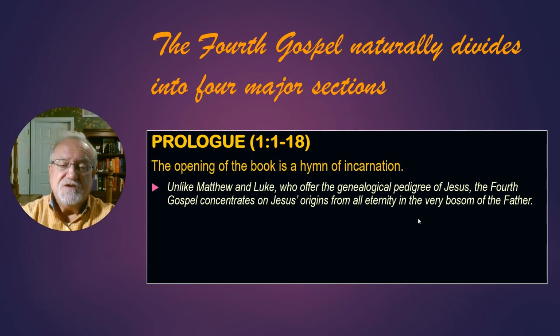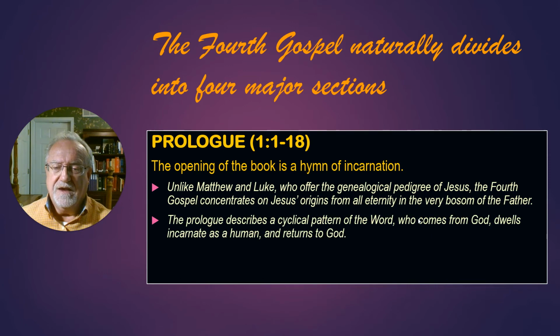But what he does do is concentrate on the origins of Jesus from even before the beginning of the universe, from all eternity in what John is going to call the bosom of the Father, or from the Father's side. So this prologue describes, I guess you could call it, a cycle.